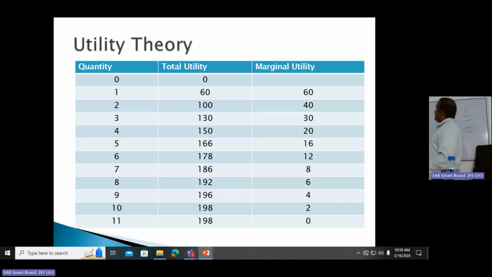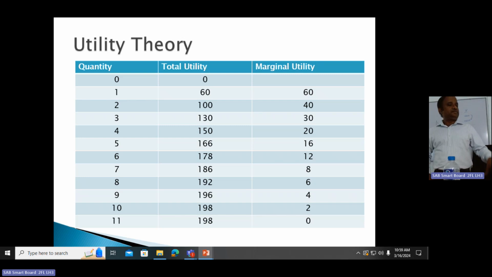Now here you have been given a table. We assume the quantities that the consumer is going to consume, starting from 0, 1 to 1, and the total utility is given. When you consume 0, there is no utility.